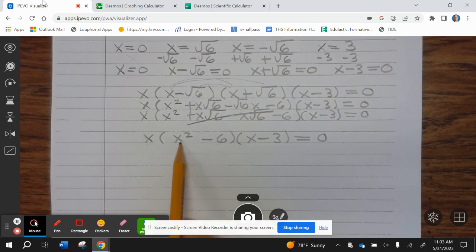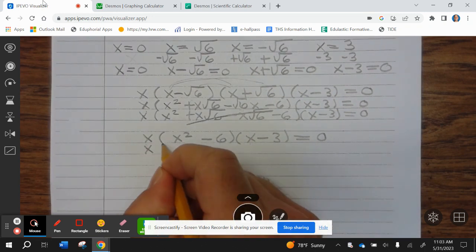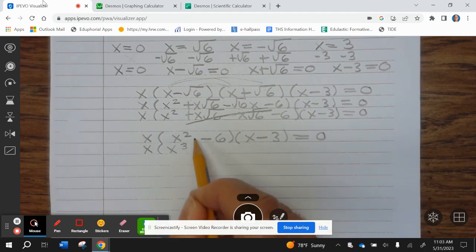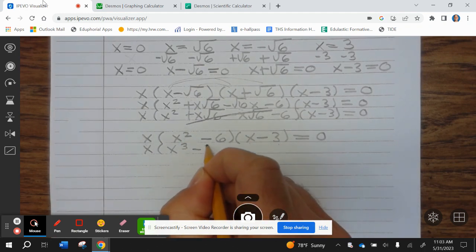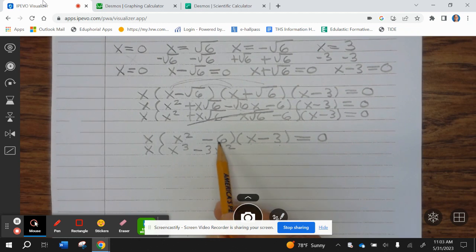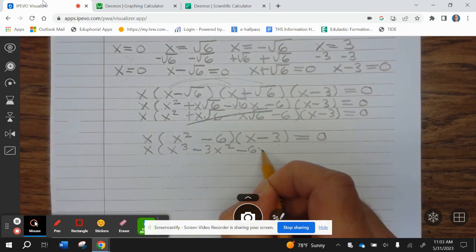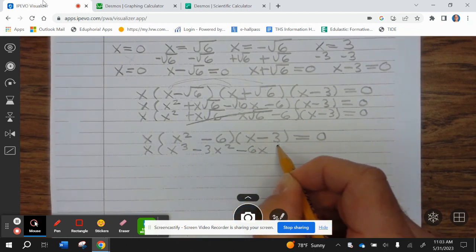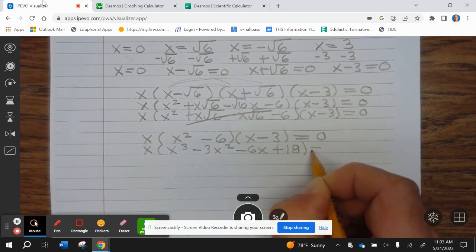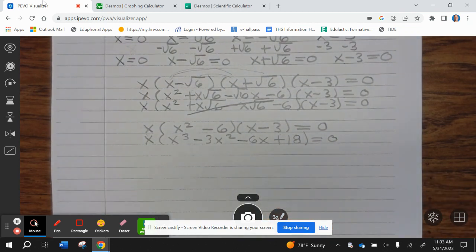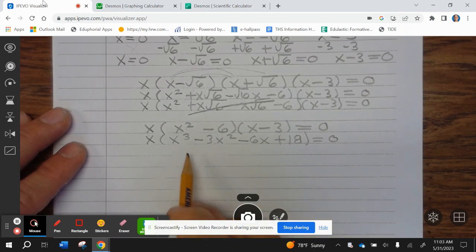So now let's FOIL this. X squared times x is x cubed. X squared times negative 3 is minus 3x squared. Negative 6 times x is minus 6x. Negative 6 times negative 3 is a positive 18 equal to 0. Now our last step is we're going to multiply everything by x.